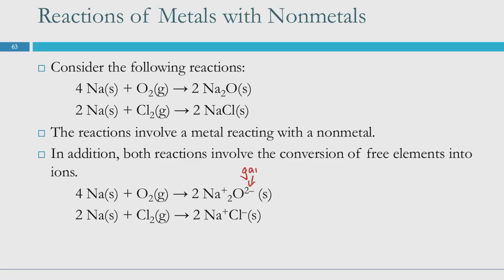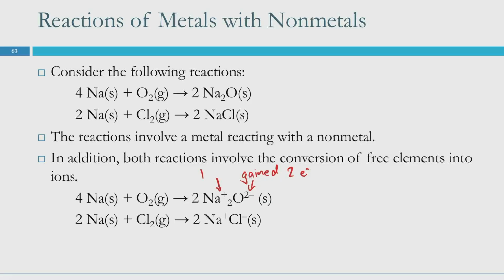So oxygen went from neutral to a 2 negative charge, meaning it gained 2 electrons. Sodium lost 1 electron. So that's one sign, another sign, rather, that we've got an oxidation-reduction reaction.